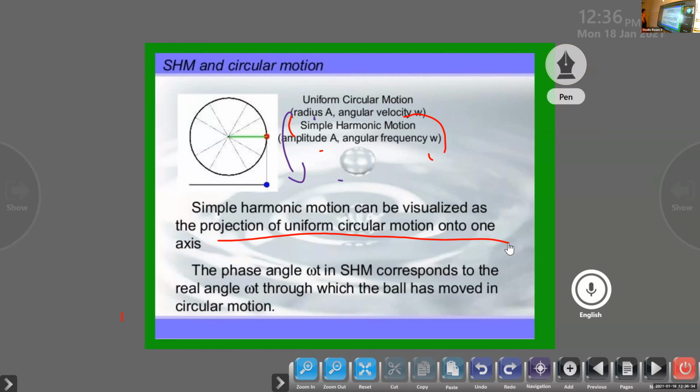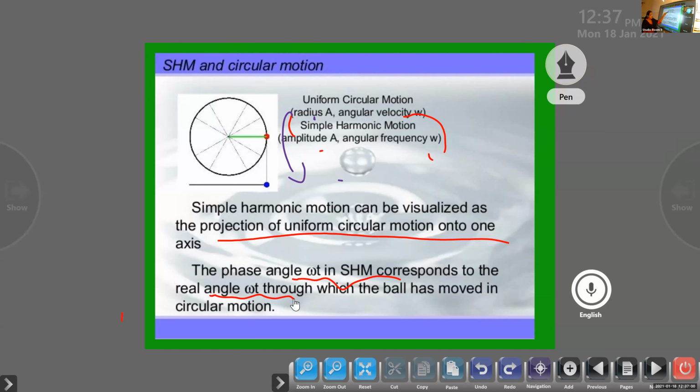We are just considering one axis, and the phase angle omega t. The phase angle omega t in simple harmonic motion corresponds to the real angle omega t. You can see that a ball has been moved. We are considering a ball which is moving on the circumference of the circle.